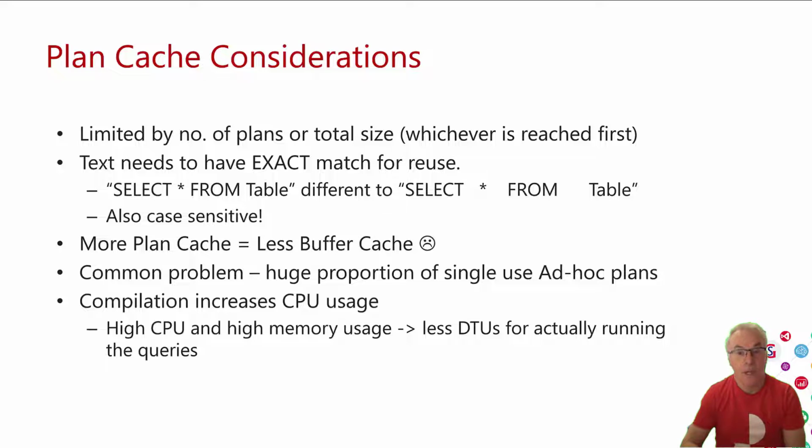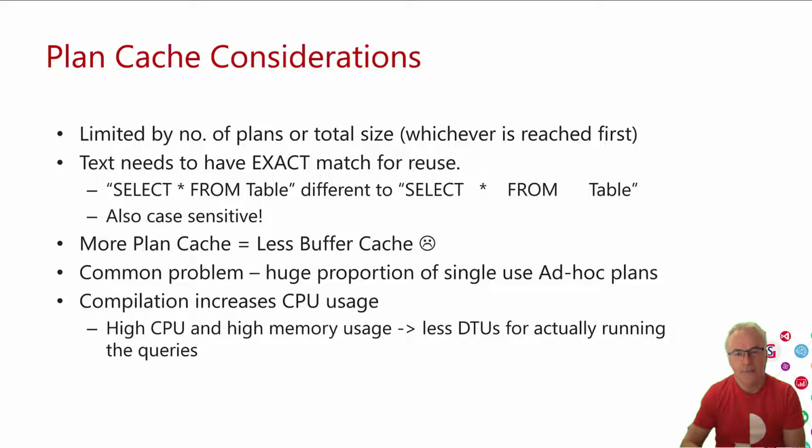Another one, which is often linked to the n+1 problem that we mentioned in the previous section as well, is that you could end up with a very high number of single-use plans. So if the n side of the n+1 is pulling back very specific information, passing in a key value there to extract single rows, for example, as that changes, that can actually be seen as a completely different query each time and generate a new plan.